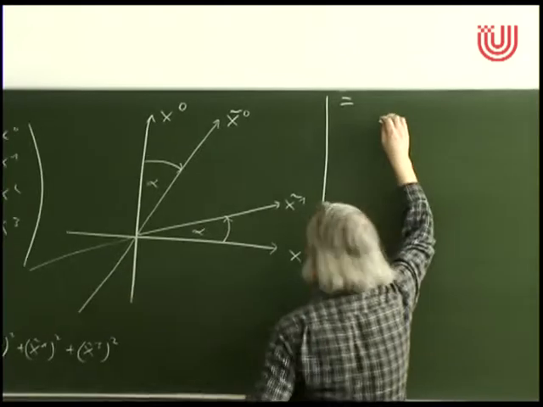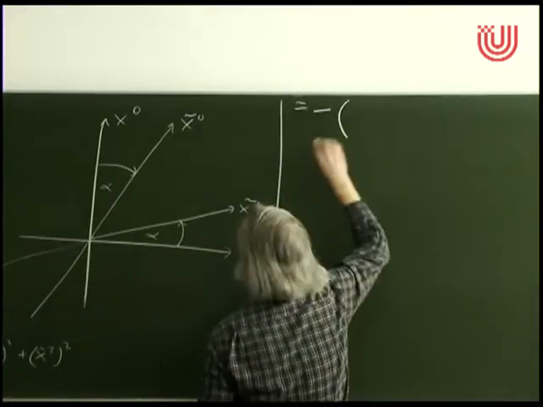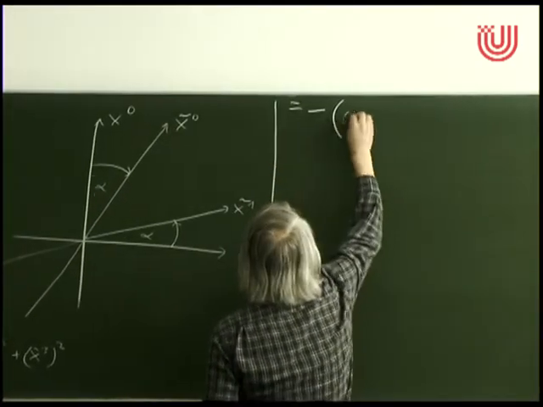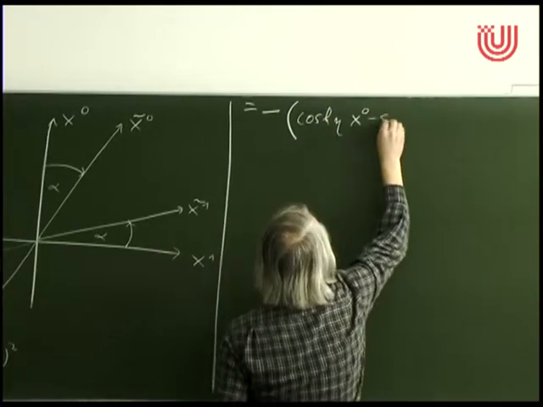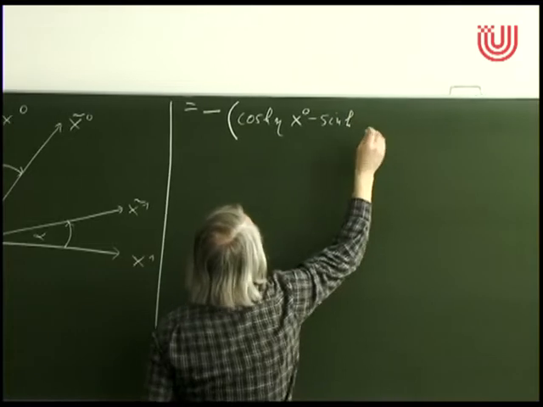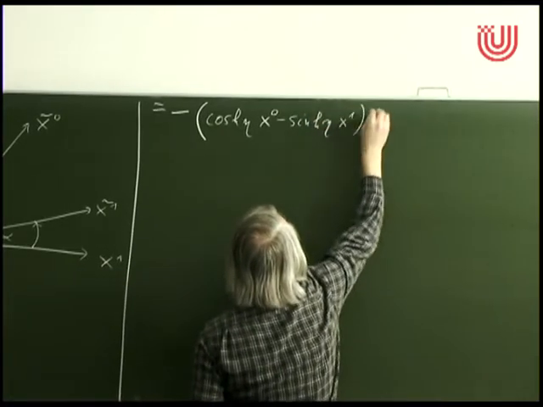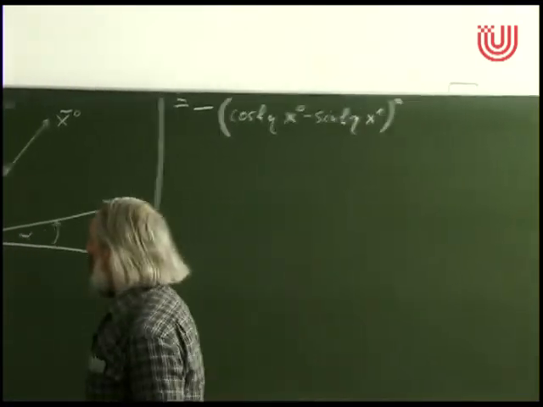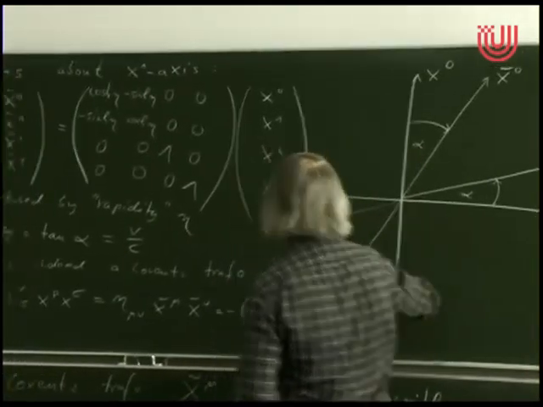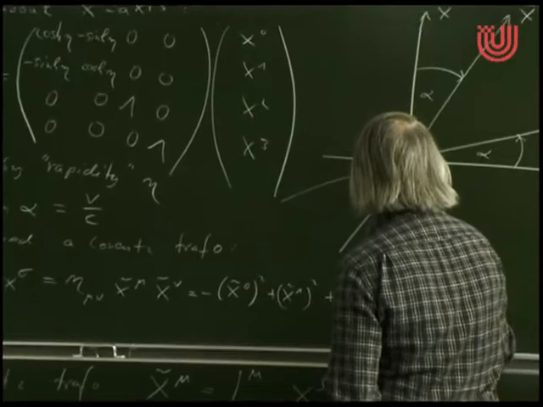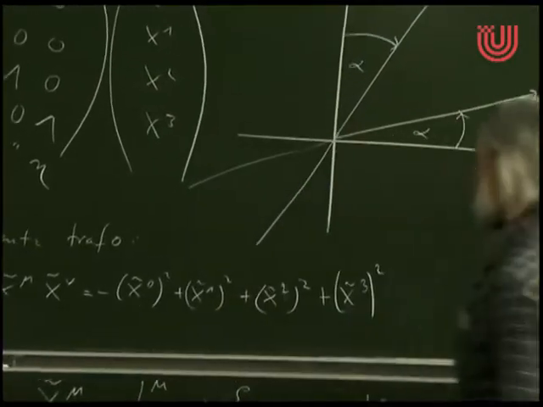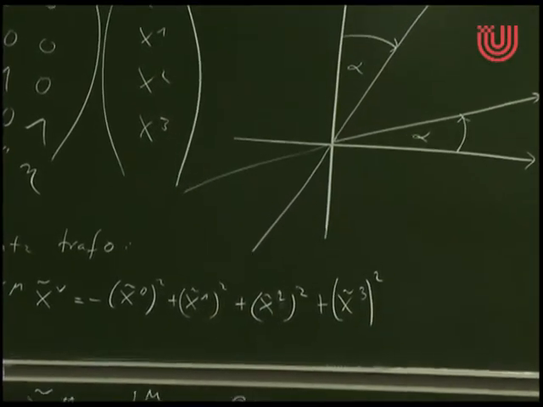And they have a minus sign in front of the whole thing. So a minus sign in front of the bracket, then cosh eta x naught minus sinh eta x1, and the whole thing squared. And then I have x2 squared plus x3 tilde squared. Should be 4 terms, yes.